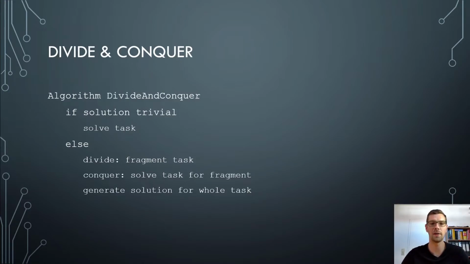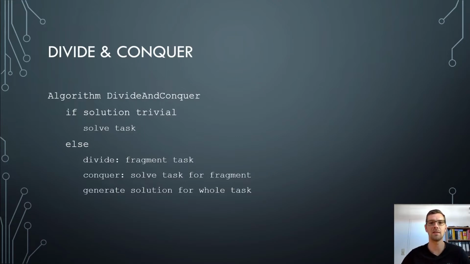And that is 1, the divide stage, where we fragment our main task into multiple smaller subtasks. Once we've done that, we will at some point come to this trivial or solvable solution. So we keep going there, and then we conquer the solutions of our subtasks, and we put those fragments together to generate the whole solution in the end.